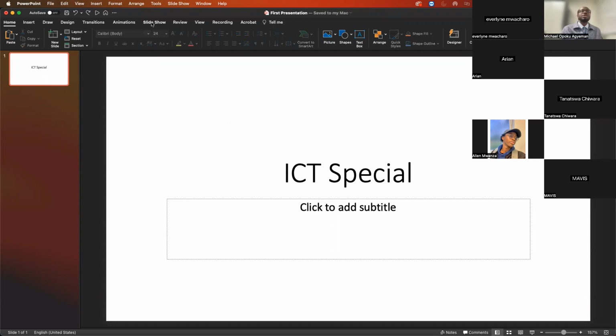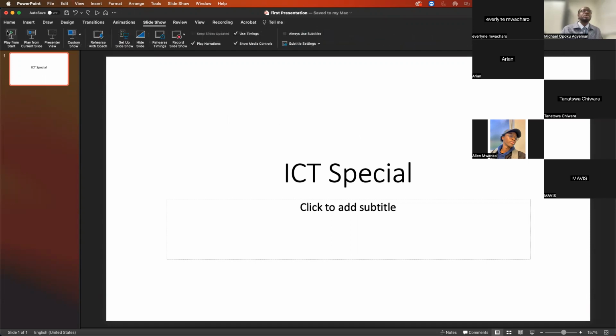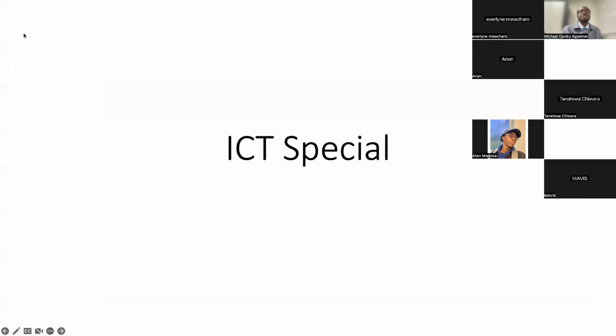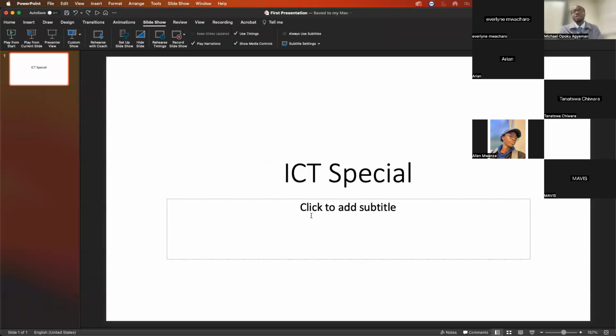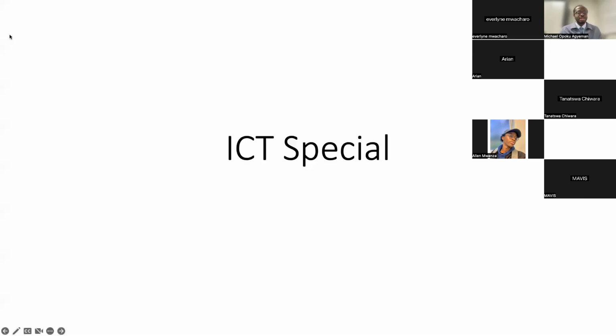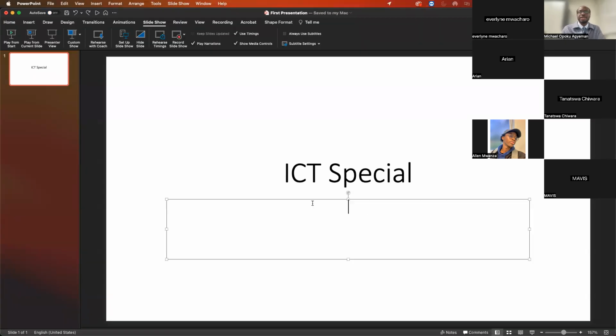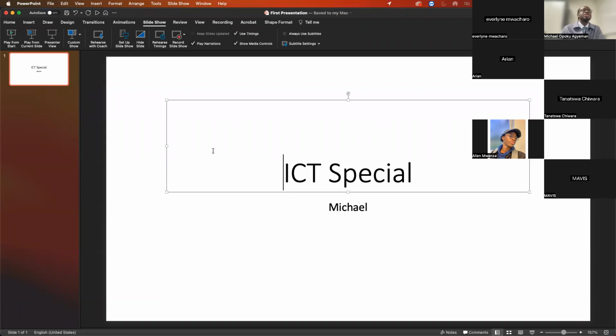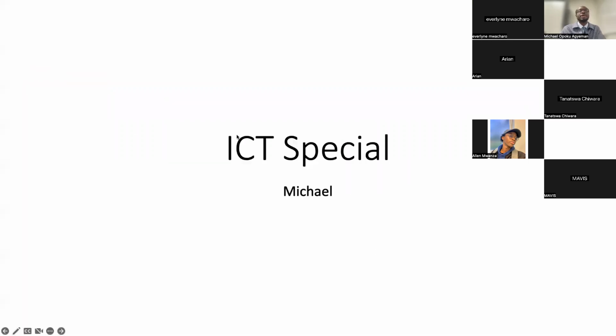If I click on slideshow, which is how it looks when I go to a presentation, you see this box there, you see it disappears. So at the moment that doesn't show. It just says add subtitle on there, but that doesn't show. So the moment I put something in this particular placeholder, the content will appear on there.